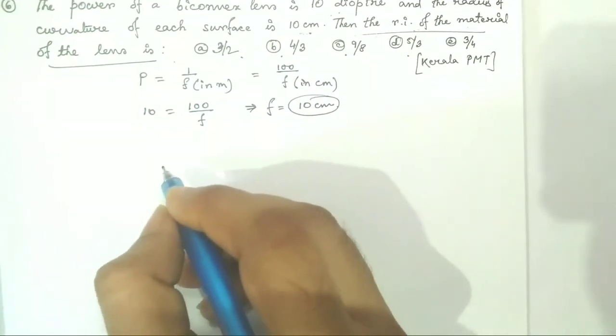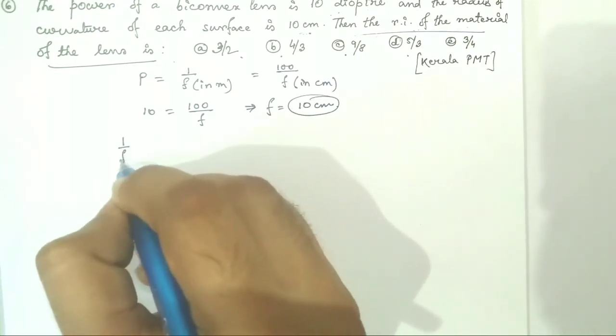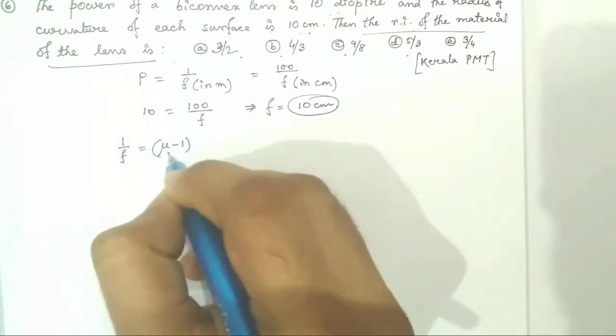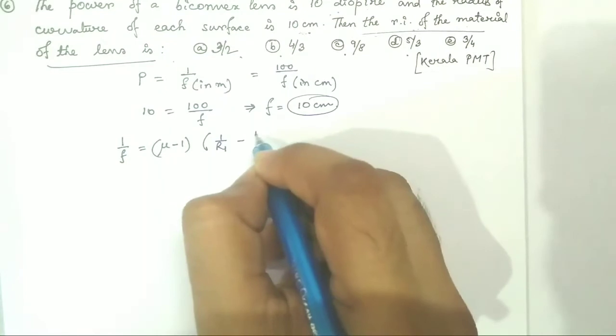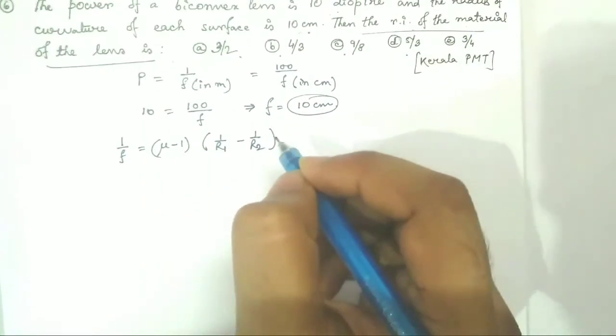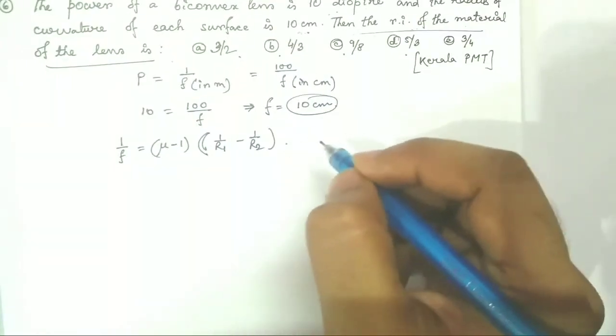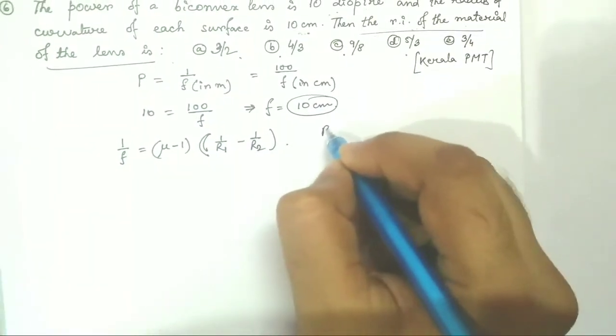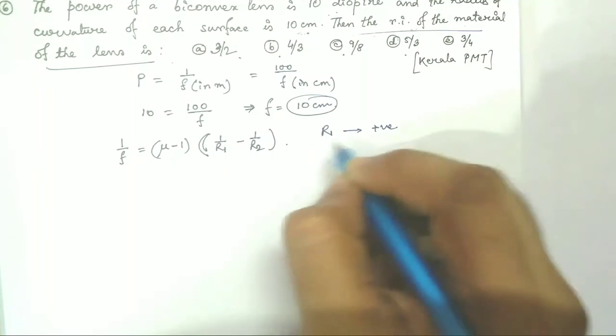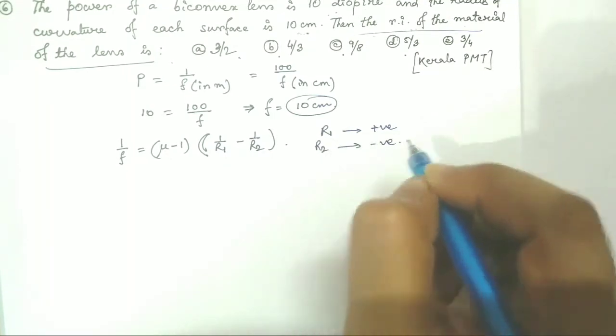According to lens maker formula, we know 1 by F equal to mu minus 1 into 1 by R1 minus 1 by R2. But if one radius of curvature is positive, then other will be negative. R1 will be positive and R2 will be negative.